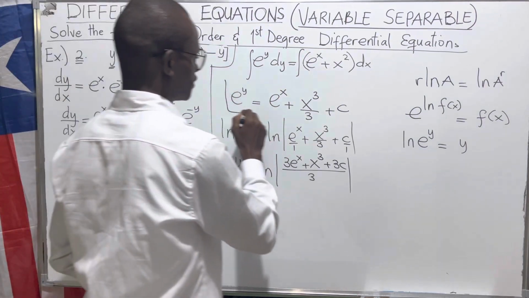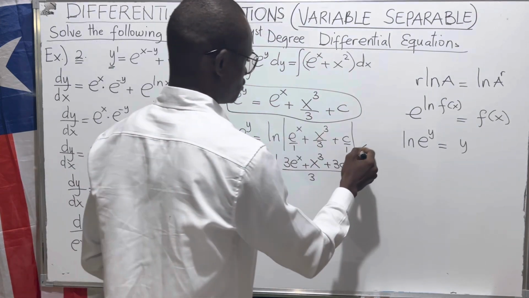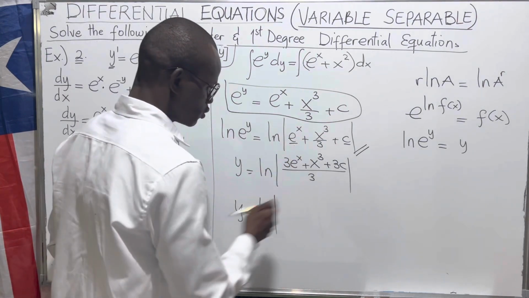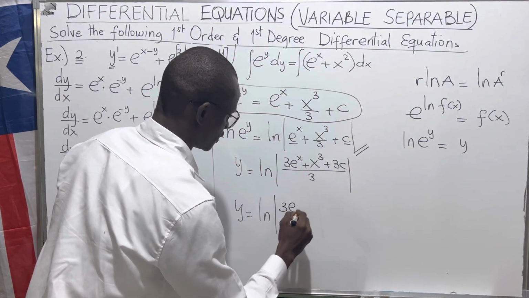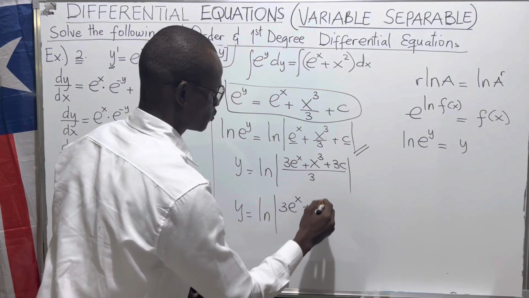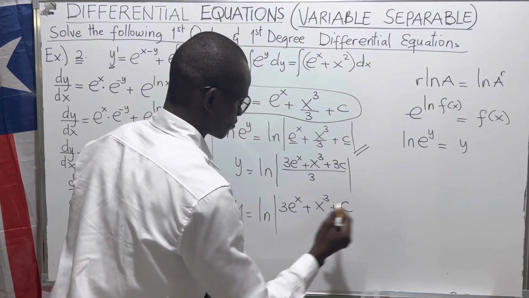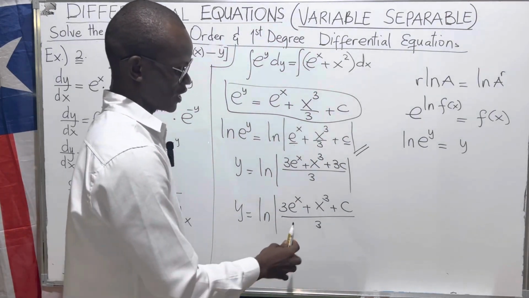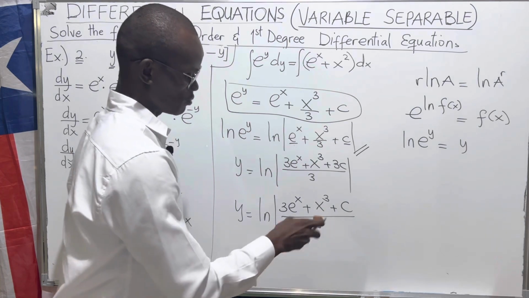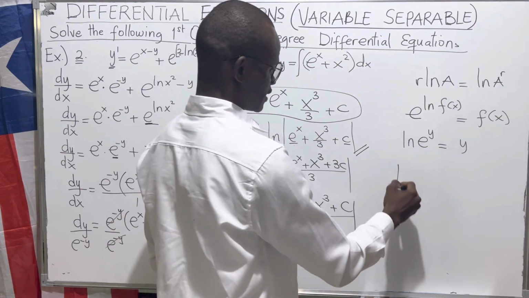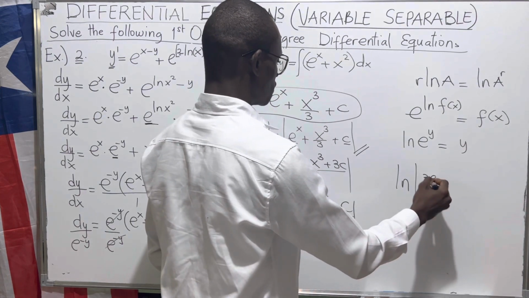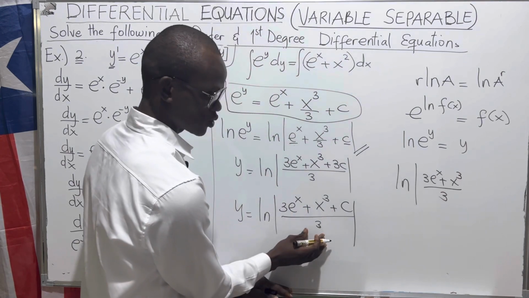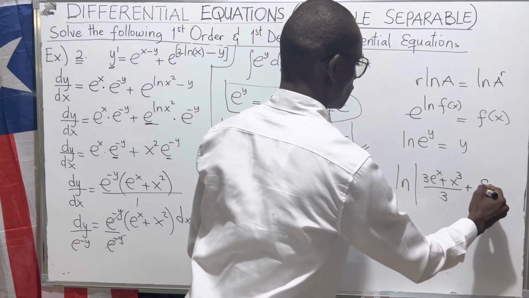You can stop your answer on this side. You can even stop your solution here. It doesn't matter, whatever the case might be. We want to further rewrite this as e raised to the power x plus x cubed, and this 3c we just call it c, over 3. Somebody may say, I want to rewrite my answer as ln of the first two terms, 3 e raised to the power x plus x cubed, over 3, and then plus c over 3.